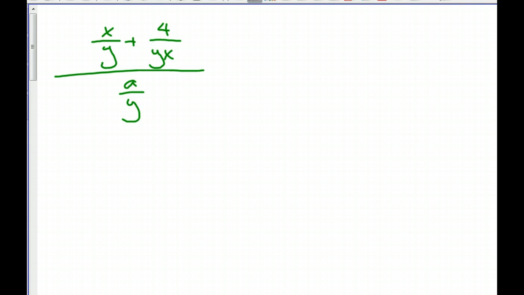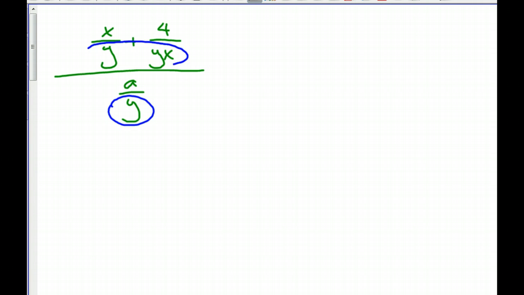As far as dividing fractions, what you want to make sure of is that both in the numerator and denominator, you have only one denominator. Does that make sense? Down here I've got one denominator.